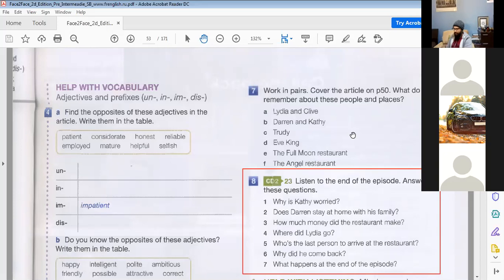I think Clive will divorce Lydia, his wife. Any other guesses? So maybe this will happen. Maybe Clive will divorce Lydia. Or Darren becomes a criminal again and steals cars again.